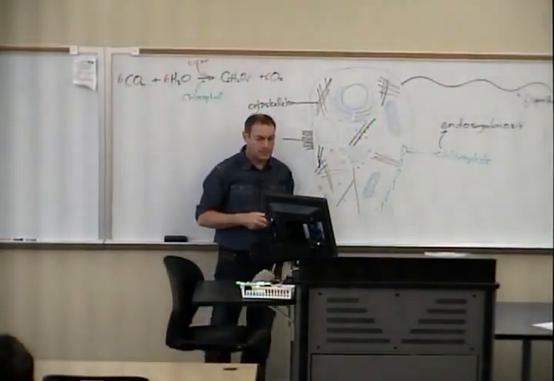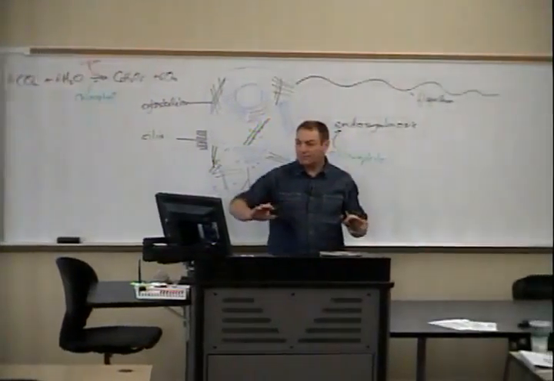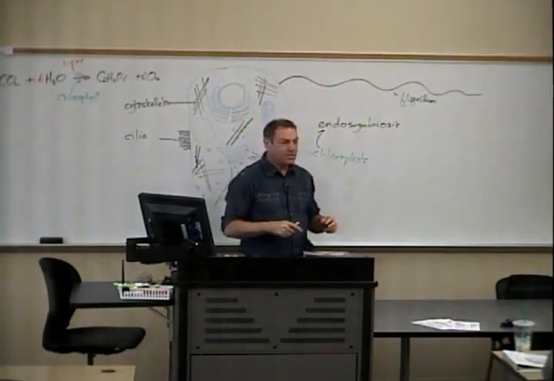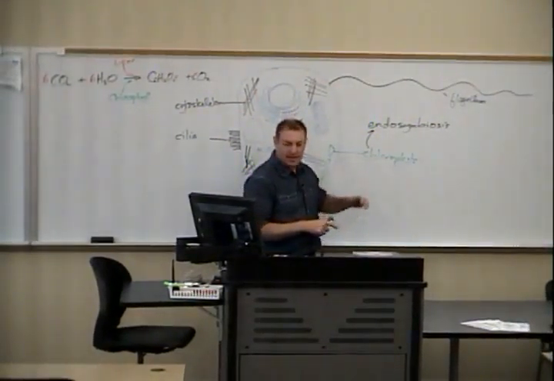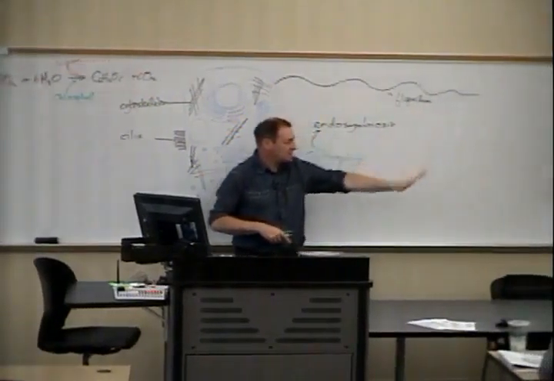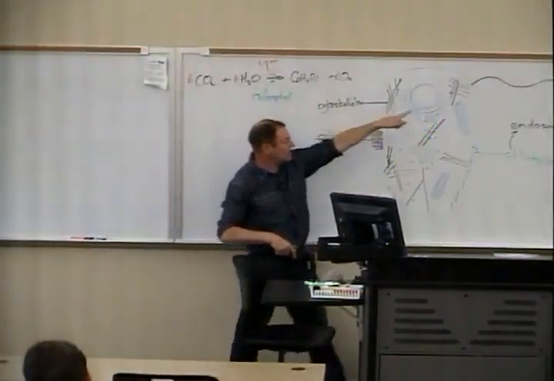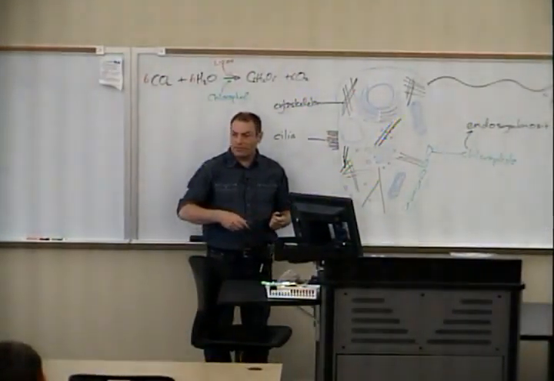Now, flagella and cilia move slightly differently. Think about a flagellum that's attached to a sperm cell, and I'll show you a video of this. It undulates like this. The flagellum does, that's why I've drawn it like that. The cilia, on the other hand, move a bit differently.